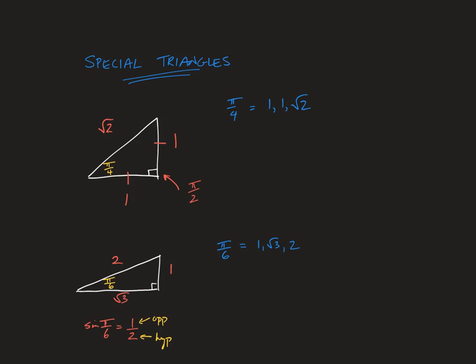Now, some people come out of the grade 11 course kind of thinking of 3 special angles, and I would hope that really what we think of is 2 special triangles, of which a special angle is also incorporated. Because in that triangle, if I know that one of those angles is pi by 6, then I also know that the other angle would have to be a pi by 3.